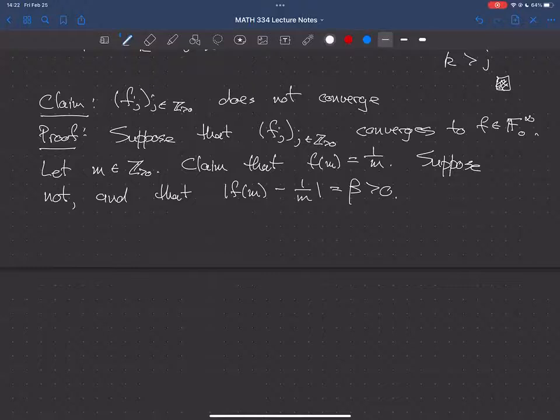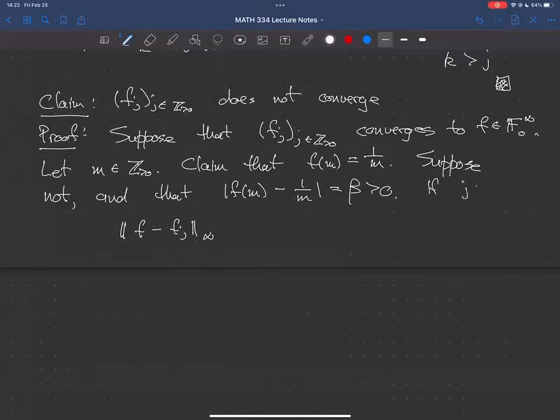And so I'm going to calculate f minus fj in the infinity norm. I can do this for large j because I'm interested in convergence, and that's really only interesting for large j. So I'm going to assume that j is greater than M.